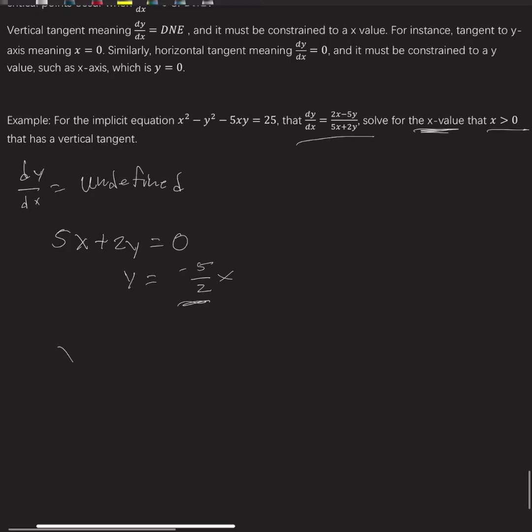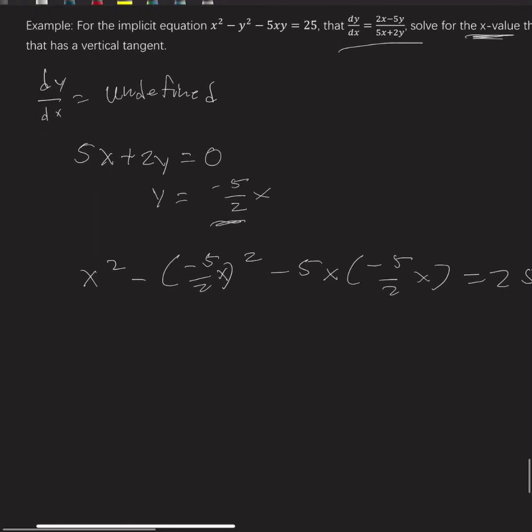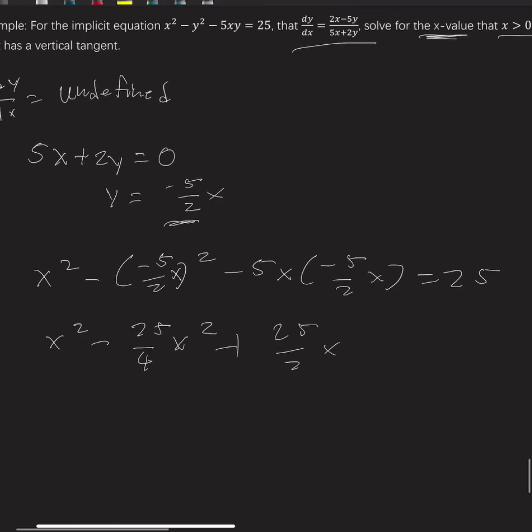Substituting into the original equation: x squared minus (negative 5 over 2 x) squared minus 5x times negative 5 over 2 x must be equal to 25. So x squared minus 25 over 4 x squared plus 25 over 2 x squared, which is equal to 25.